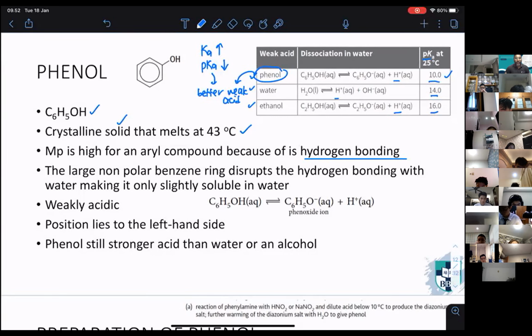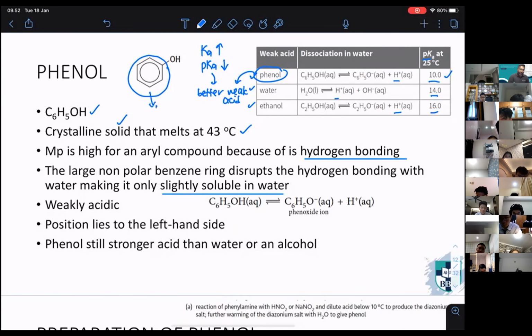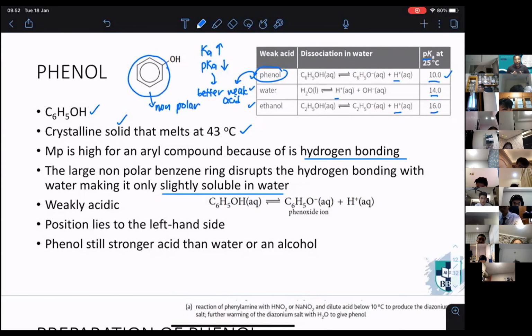They should be soluble in water, but they are only slightly soluble because of the benzene ring, which is a large non-polar structure. A large non-polar structure will disrupt the hydrogen bonding of phenol with water. So the bonding is not that strong, and they don't dissolve easily in water. So they are only slightly soluble in water.